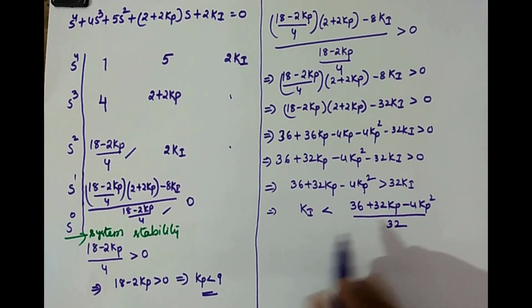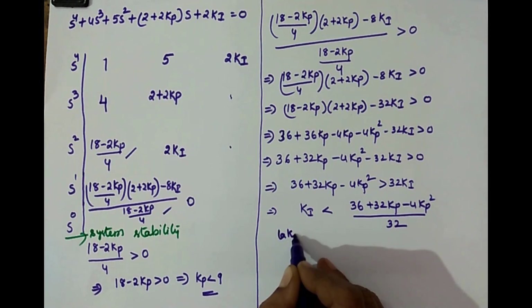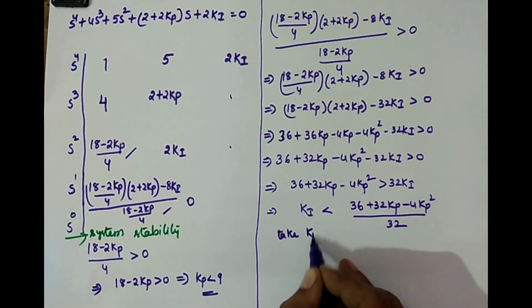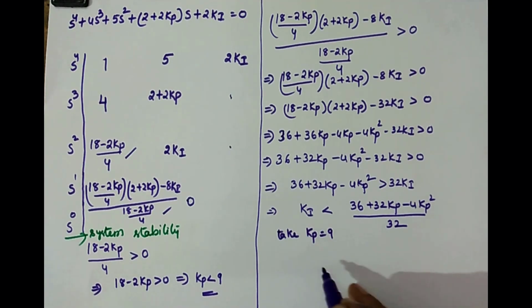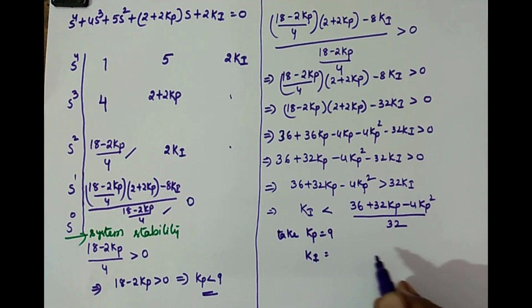To get a numerical value, let us take Kp equal to 9 and see what Ki is. If Kp is 9, get the value of Ki.